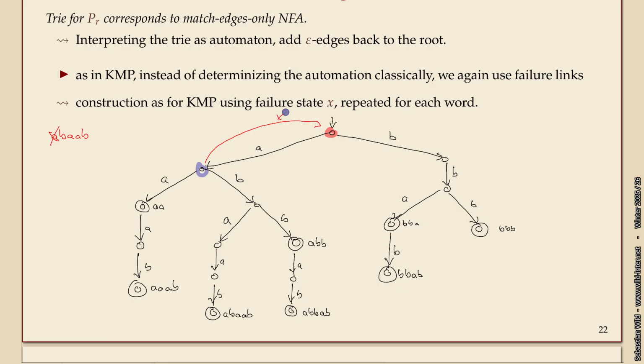There's nothing else you can do. Now I'm looking at the one longer prefix of my pattern, namely AB. So blue has to move down to AB, and X has to move down following B. So I'm going to go over here. And that's where my failure link should go. So I do that.